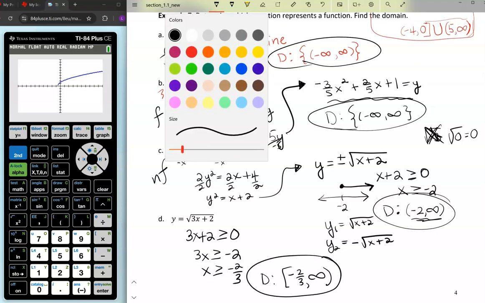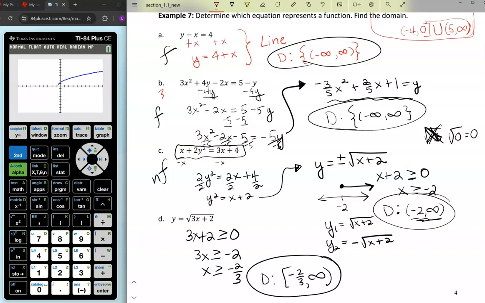Now, I caught an error just then. My domain here, there was an equal to, and I put a soft bracket or parentheses there. This domain should actually be on these, and I apologize for that. I'm glad I caught it. So this should be a hard bracket because the -2 is included.